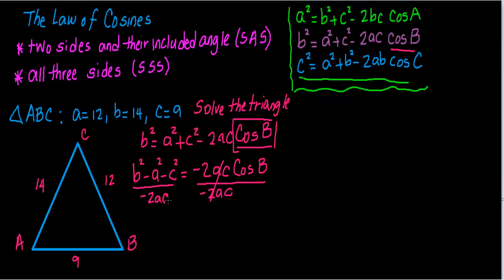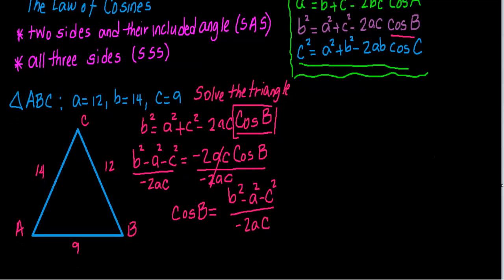And there you've isolated cosine of B. So cosine of B, always write the variable you're looking for on the left side of the equation, will be equal to B squared minus A squared minus C squared over negative 2AC.